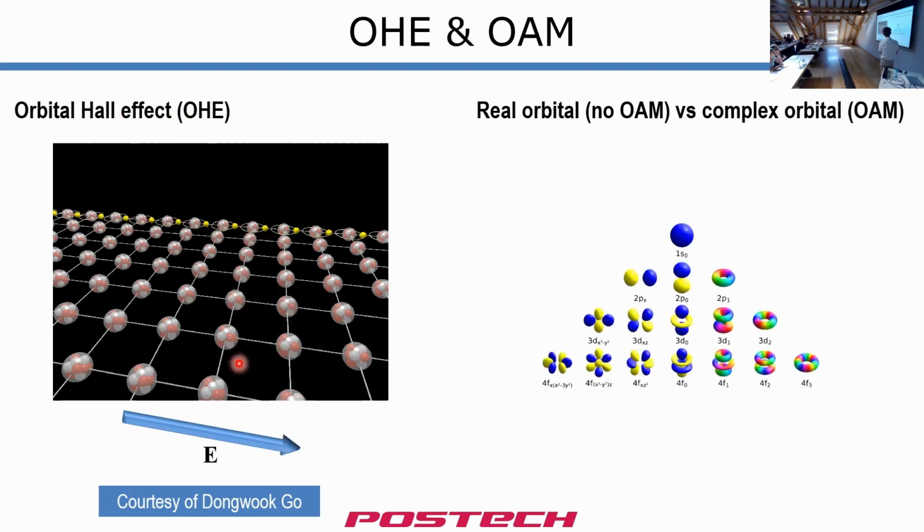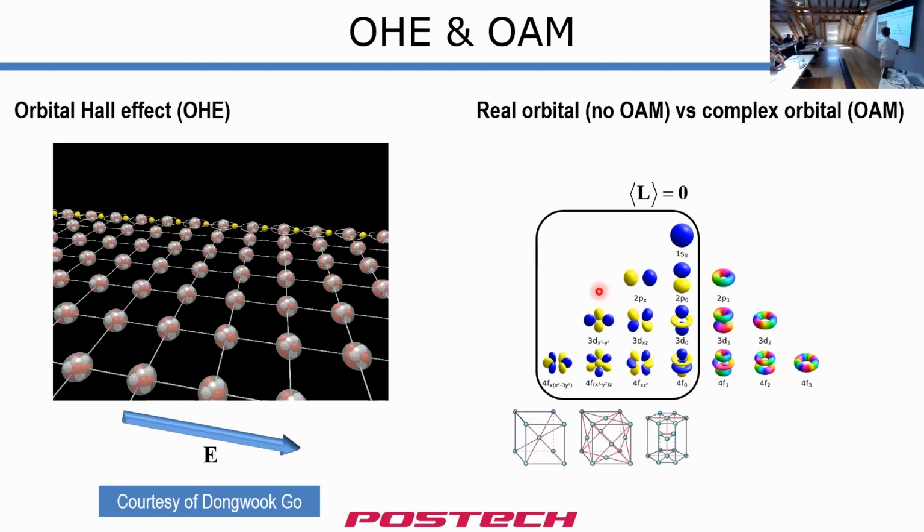And this view graph is beautiful, but it is not very comfortable, because we've learned from solid state physics that in solids, out of many possible electron orbitals, only this kind of orbital without orbital angular momentum is realized in equilibrium unless the system has a very strong spin-orbit coupling.